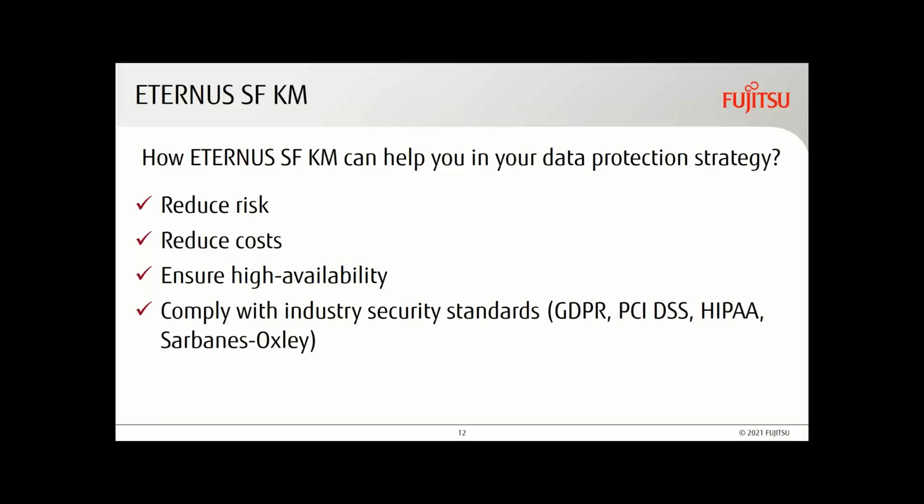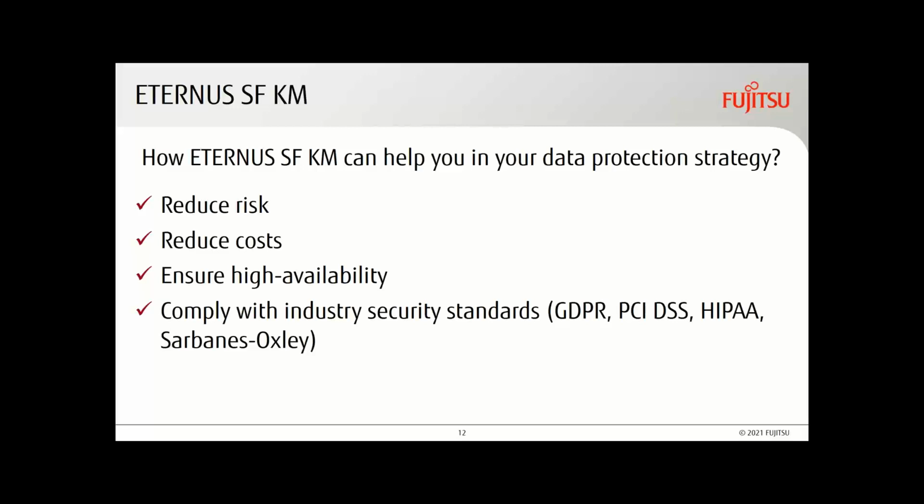Second, reduce the costs. With ESF KM, you can reduce the costs because of its automated key generation and rotation functions, as well as automated backup features. With these functionalities, you can save time and money on simple and repetitive operations and leave them to the key management software.